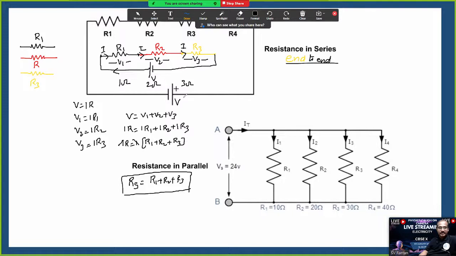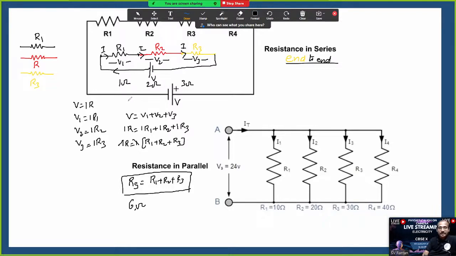I guess John Gaming can give the answer very easily. So that is 6 ohms. Very good. Now this 6 ohms is greater than 3 ohm, greater than 2 ohms, and greater than 1 ohm.